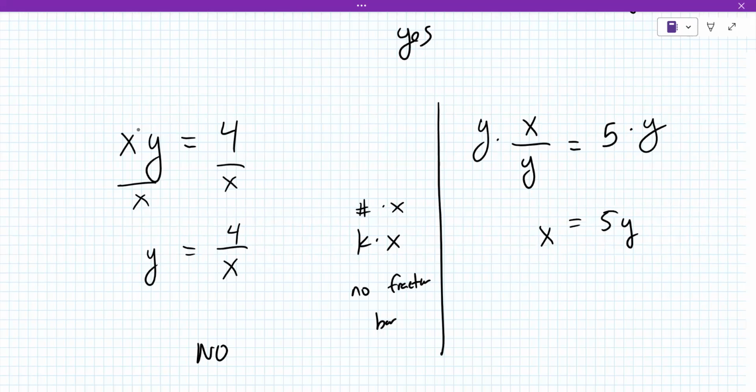But we've got to solve it for y, which means we have to undo multiplication. Yes. We divide by 5. And this is okay. This is y equals x divided by 5, which is okay.